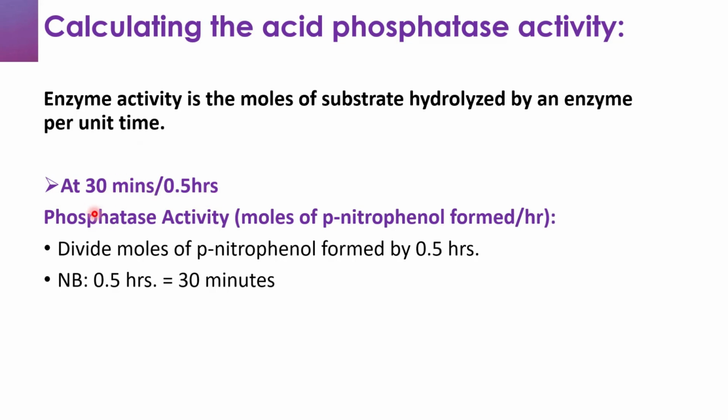So for the phosphatase activity of our enzyme acid phosphatase, giving us the moles of p-nitrophenol hydrolyzed or formed per 0.5 hours, we divide the moles of p-nitrophenol formed or hydrolyzed by 0.5 hours.